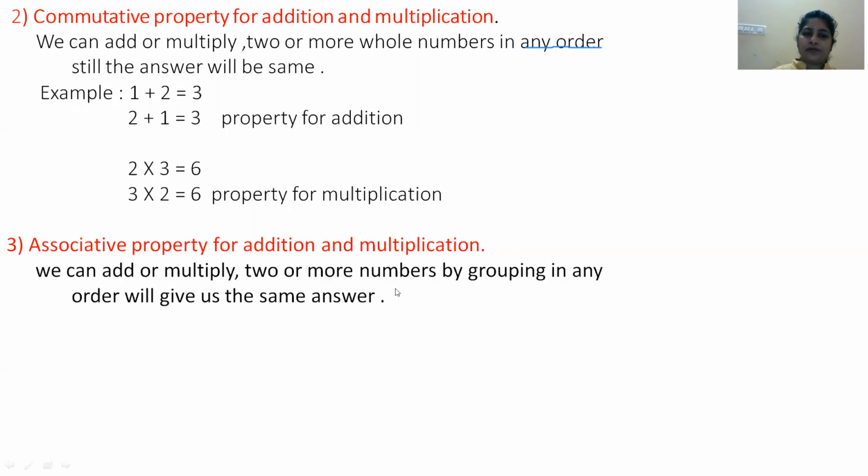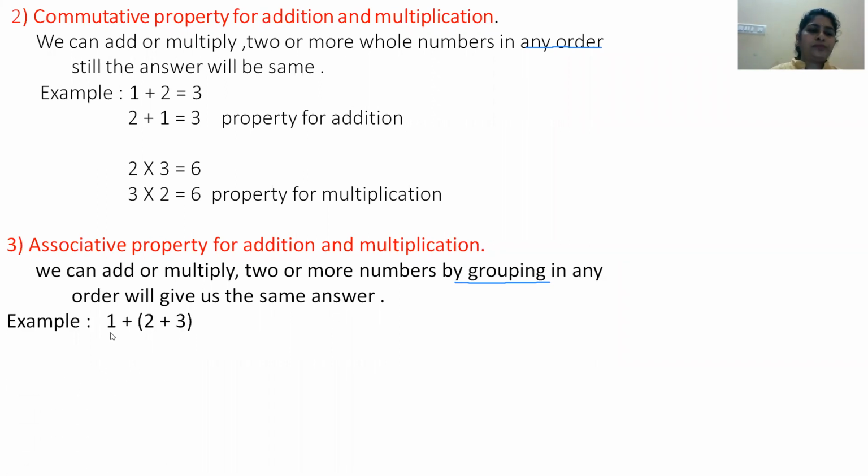So let us see what the associative property is now. We can add or multiply two or more numbers by grouping in any order and it will give us the same answer. Here, what is the keyword? Grouping. Grouping is important over here.